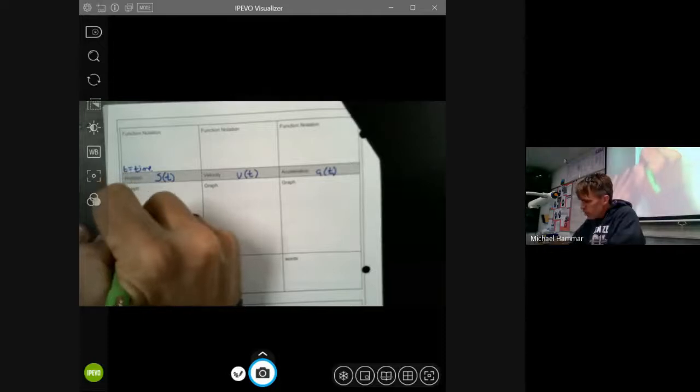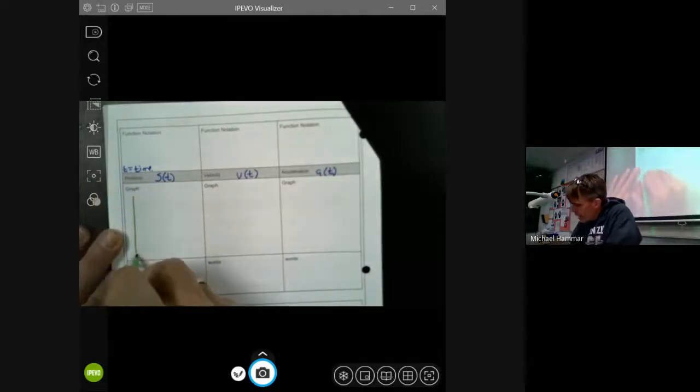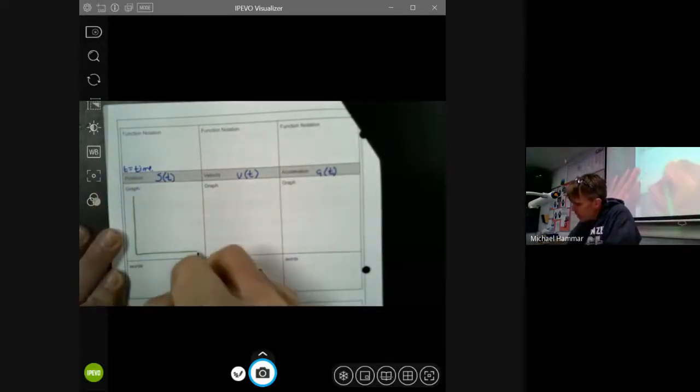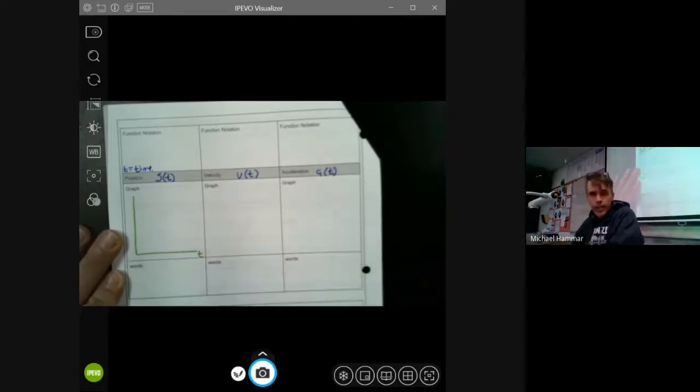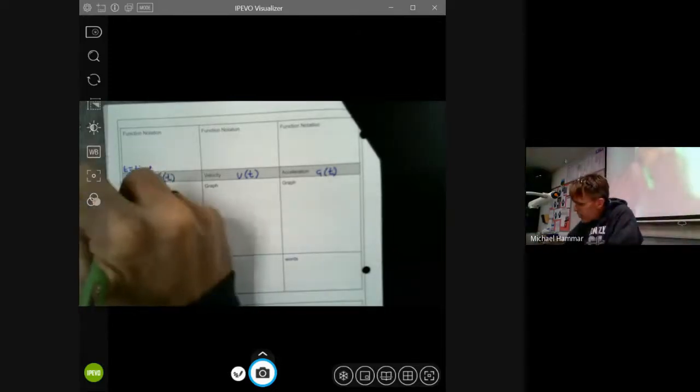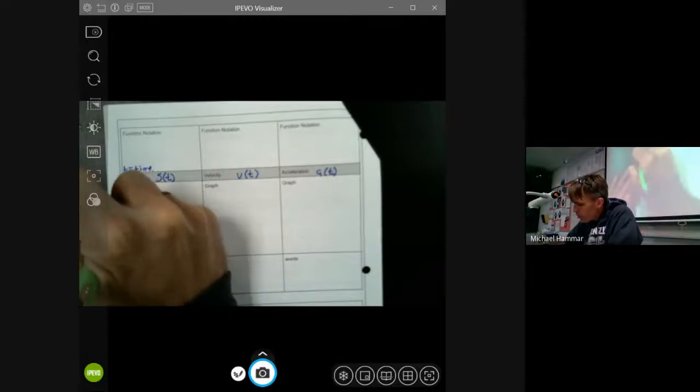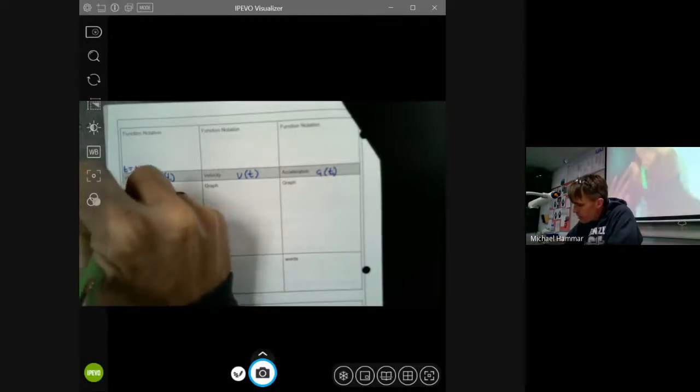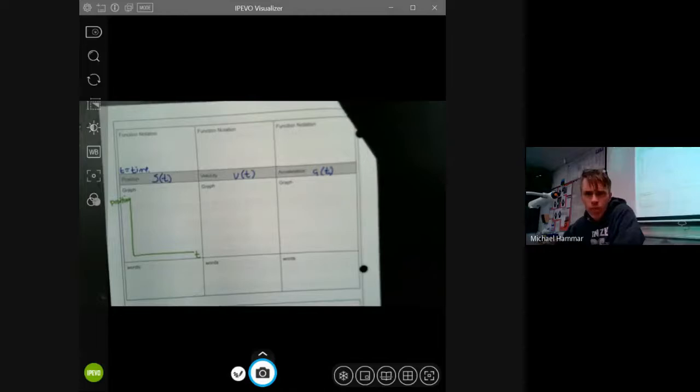We're going to start with our position function, and position function always goes like this. The time is right here. Your S of t value, or position, is on the y-axis, okay?